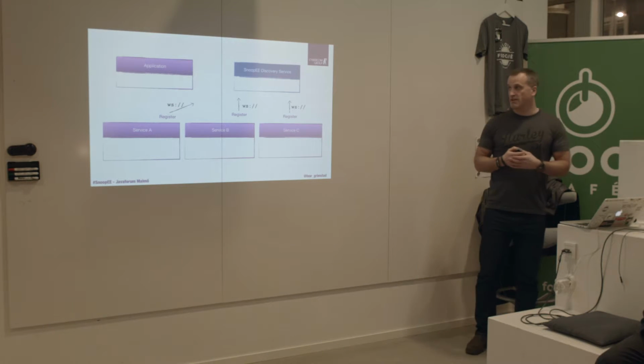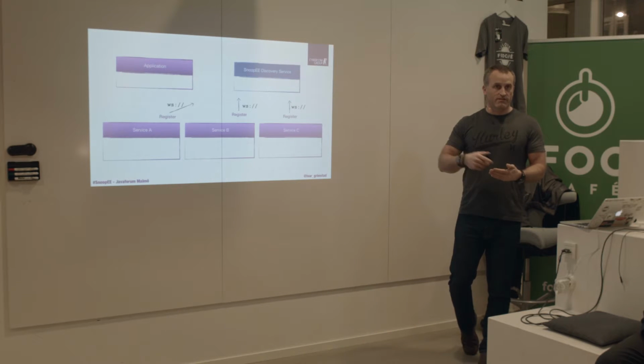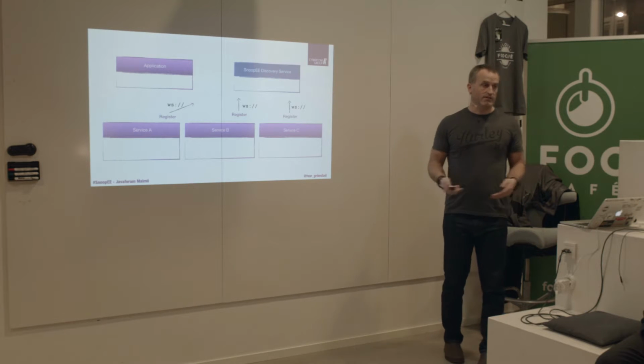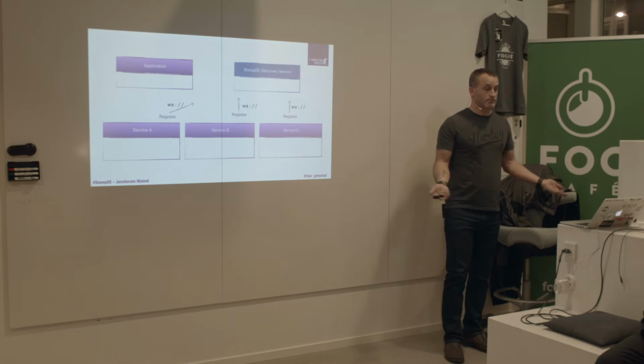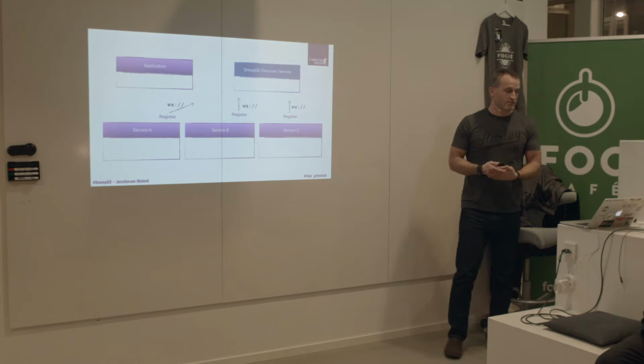They just keep a WebSocket connection up and running and ping it every 10 seconds and say, hey, I'm still alive. So the SnoopEE service will always know that service A is alive because it has pinged within 10 seconds. This is configurable. You can set another timeout if you want, but this demo has 10 seconds.